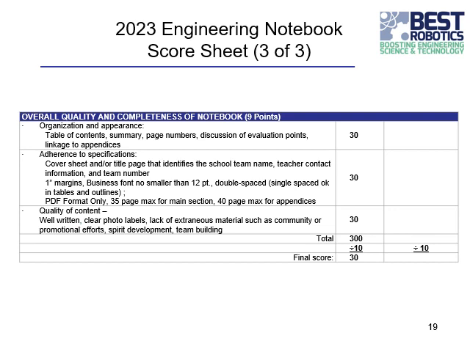It talks about having a cover sheet, the name of your teacher and their contact, and the margins, and it talks about quality: well written, having labels, not having extraneous information. So all this is how you can get those 9 points, or the sum of the individual pieces being 90. And so that gives you a total of 300 divided by 10, and that gives you the 30 points that are associated with your engineering notebook.